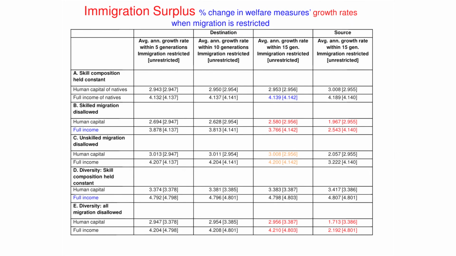In the other one, we take into account another measure of the immigration effect, which is not what happens to the level of the path, but whether or not we can also translate it to an average growth rate, at least over a particular period of time, after 5 generations, 10 generations, or 15 generations. In the diversity case, the fundamental difference is that there can be a rate of growth effect, not just level effects.